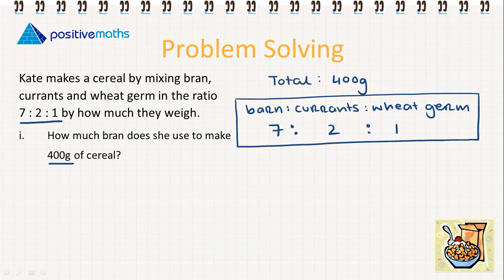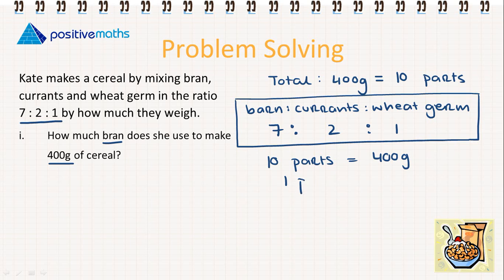Okay, so we know our total is 400 grams. Let's figure out how many parts that is. So 7 plus 2 plus 1, so that's 10 parts altogether. So 400 grams is 10 parts. How much bran does she use? So we are looking now for 7 parts. Okay, so 10 parts is equal to 400 grams.